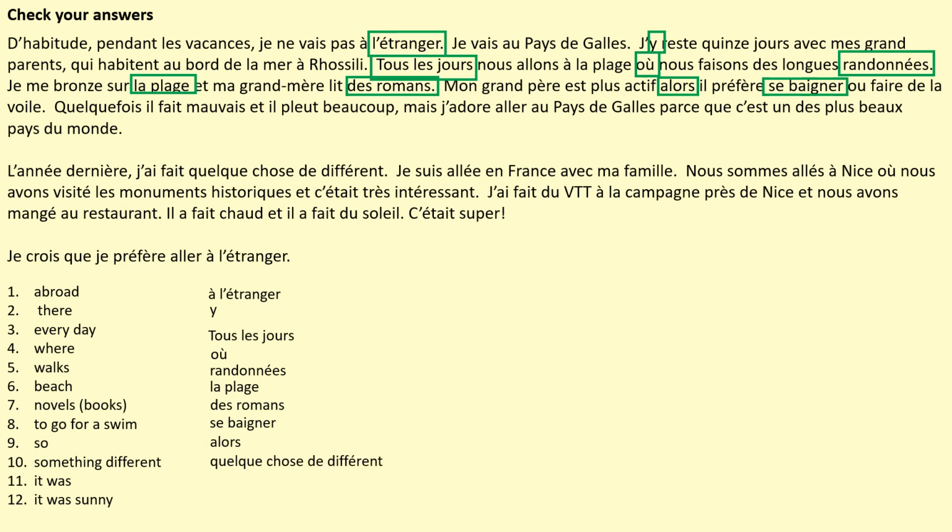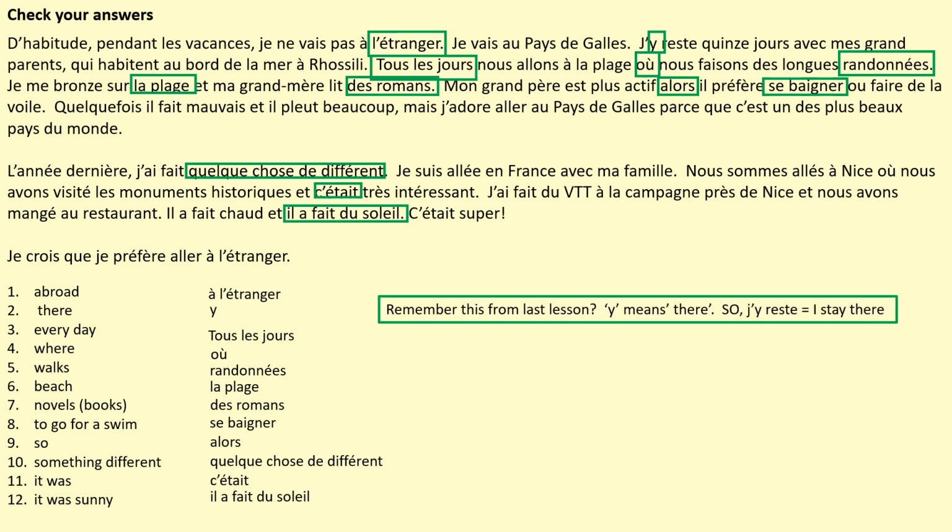Something different. Quelque chose de différent. 11. It was, as in to describe what something was like. C'était. And finally, 12. It was sunny. Il a fait du soleil.